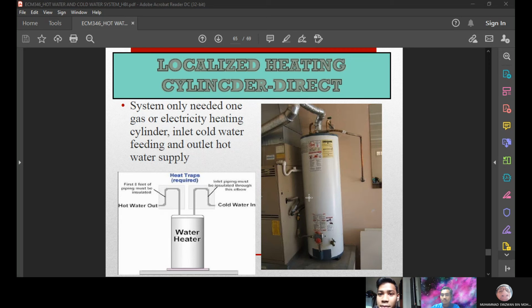So the inlet piping must be insulated through the elbow from the cold water in, so that heat is trapped. Then the first few feet of piping must be insulated also at the hot water out channel.